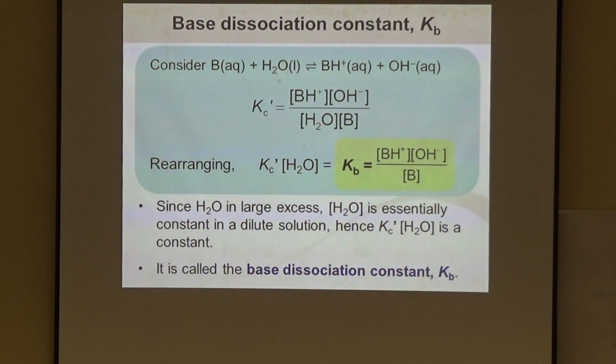It's just that from the equation that you write, you will get different products, so it will be BH plus times OH minus over D. The Ka one is H3O plus times A minus over HA. So the difference is you have this OH minus here for the base, for the Ka you will have H plus or H3O plus.